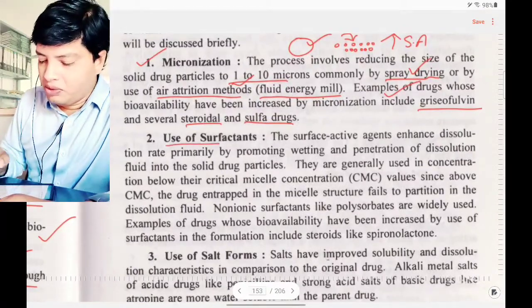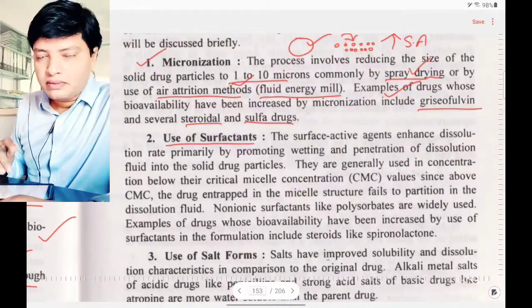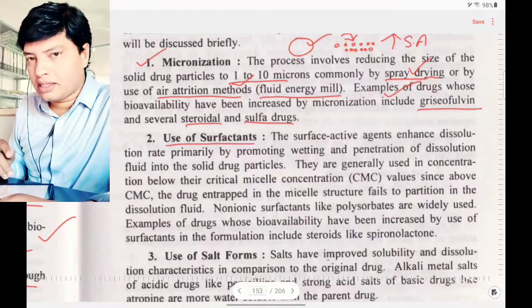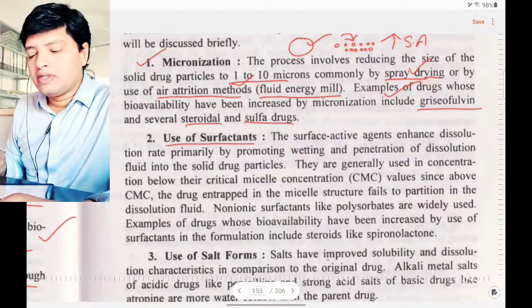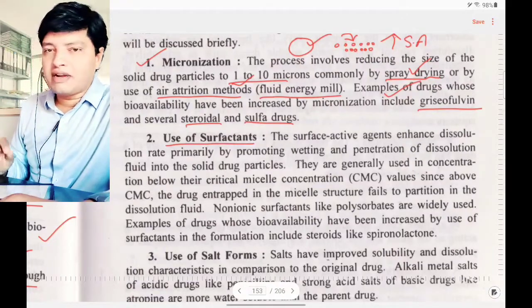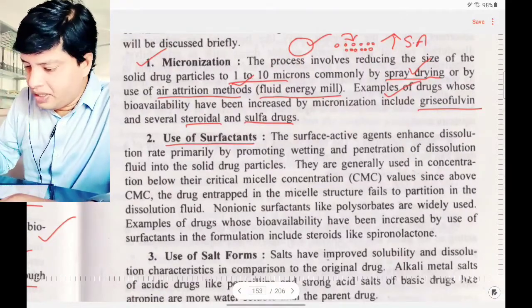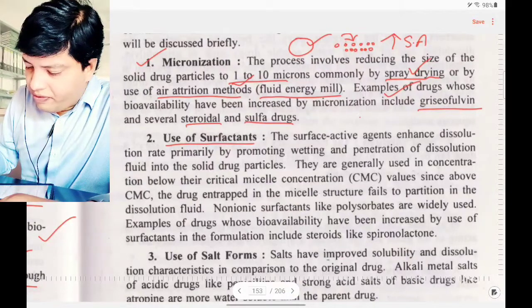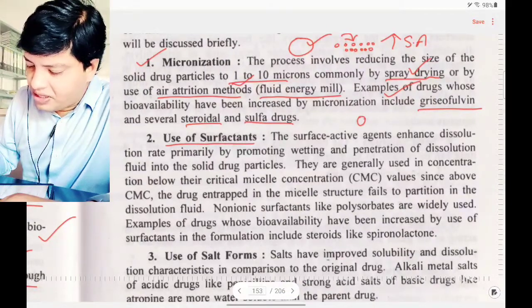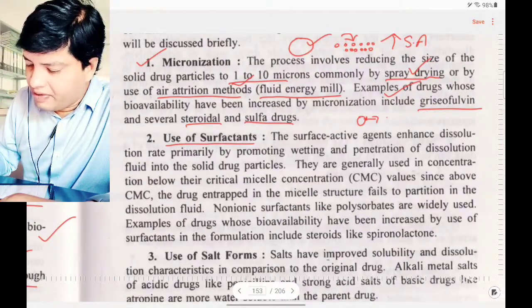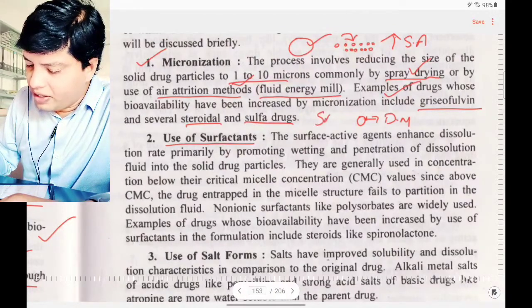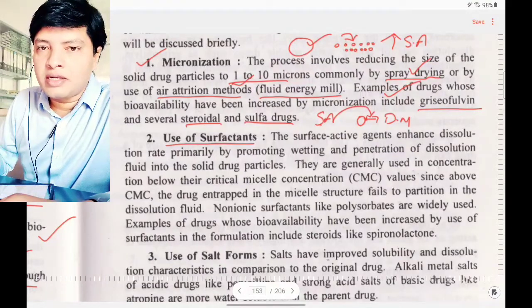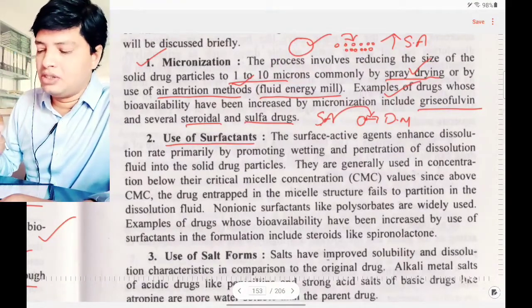Next is use of surfactant. What is a surfactant? Surface active agents, especially soaps, we call a surfactant. If the surface of the drug is not interacting with the dissolution medium, the surfactant will come and decrease the interfacial tension between the drug particle and the dissolution medium.